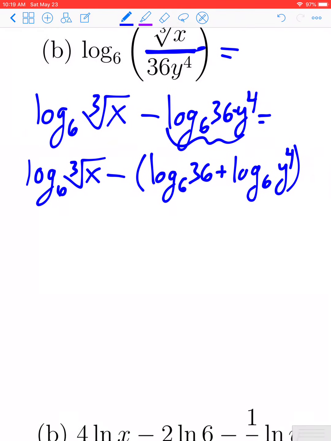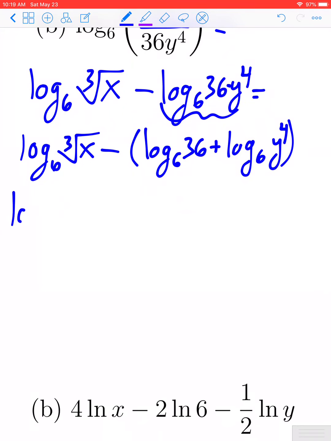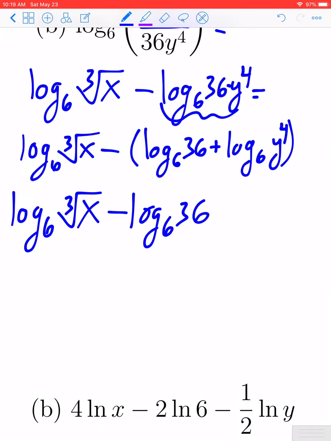So let's go ahead now and distribute that negative sign in. We have log base 6 of the cube root of x minus log base 6 of 36 minus log base 6 of y to the fourth.